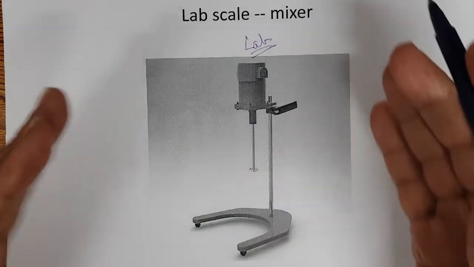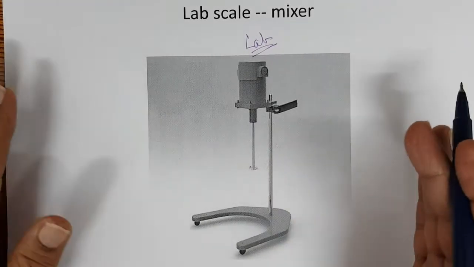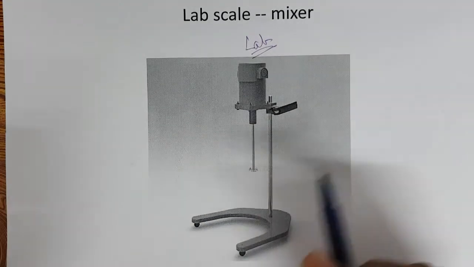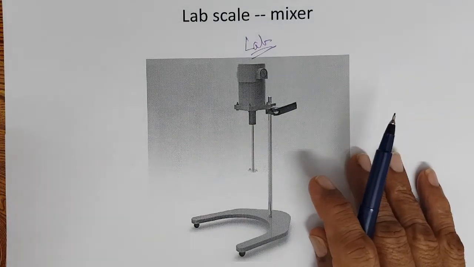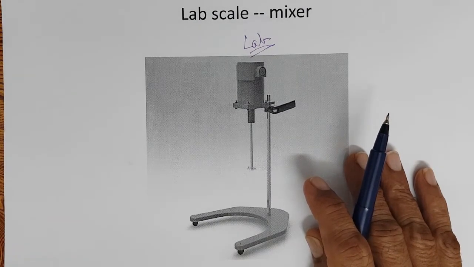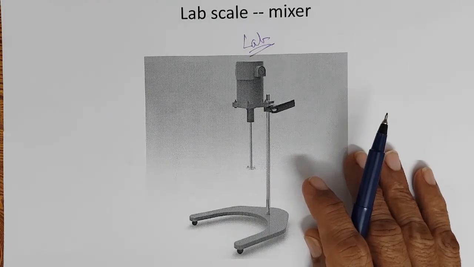At small lab scale a propeller mixer is there also. A propeller mixer is used during the cooling stage, and then for oil phase heating, oil phase or water phase.